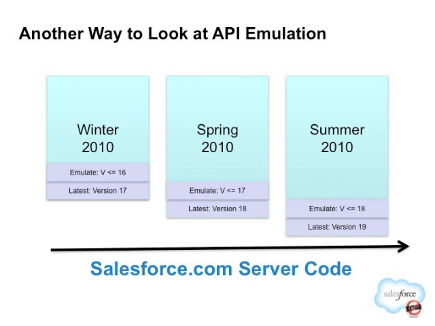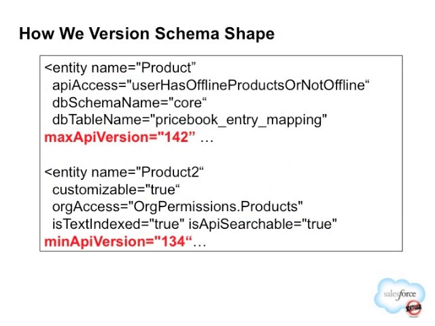So what if we really do want to deprecate something? We don't just take it away, we sort of smoothly take it away. This is kind of an obnoxious example, and again, if you've ever used Salesforce and wondered why we have an object called product2, well, we had a product, and it died. These numbers, by the way, 134 and 142, are internal numbers. They probably correspond to like version 6 and 8 of the API. And what this basically says is, for a little while, between 134 and 142, they both existed.